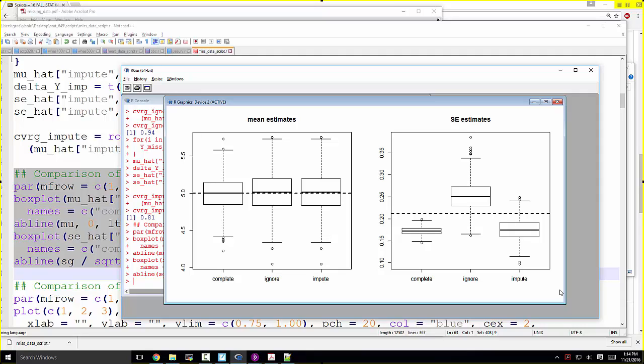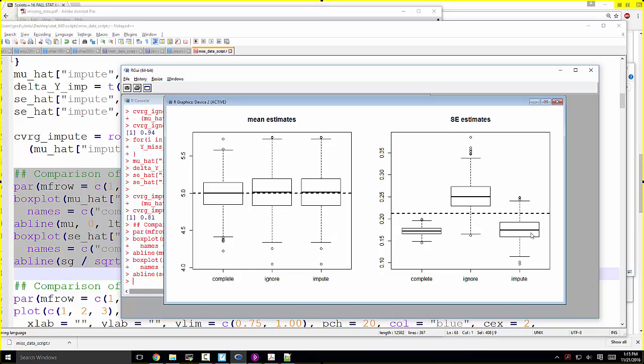The estimate of the sample mean across all 5,000 simulations is centered at 5, which is the truth. That's the population mean. And then it has this symmetric distribution about it. The other two, after ignoring missing values or imputing missing values, both of them are centered essentially at the right place. There's no bias in them. But both of them are a little bit more variable than the complete case.